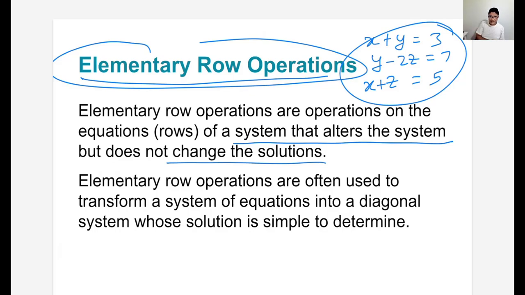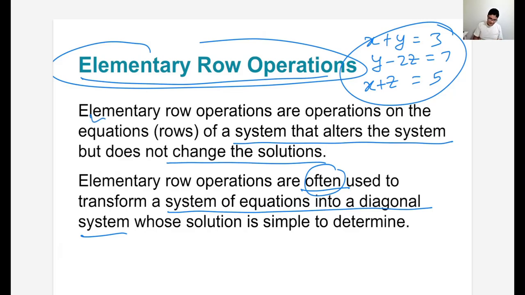And they are often used to transform the system of equations into a diagonal system. The word often is used here because later you will see the same technique, elementary row operations, will also be used to find what is called the inverse of a matrix, which is again used for solving equations and other applications.